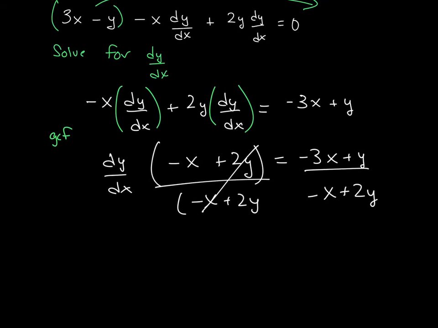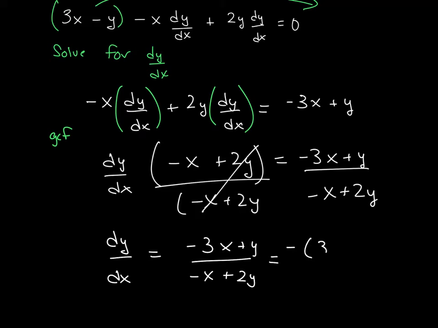So my final answer here is the first derivative, dy dx, is equal to negative 3x squared minus y all over x plus 2y. You might find that you can factor out a negative and change that into a positive form. That's also an alternate solution.